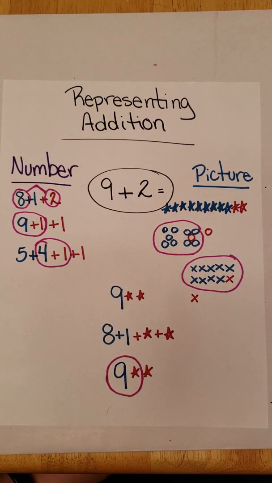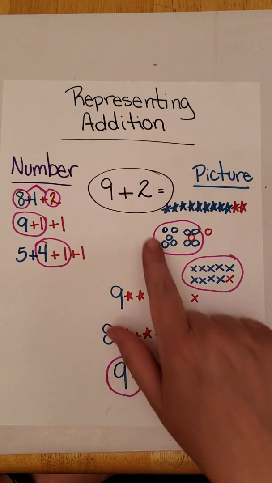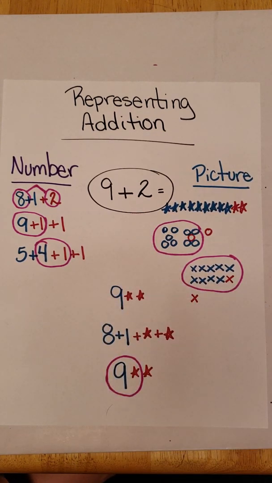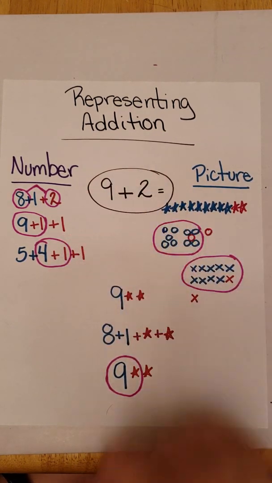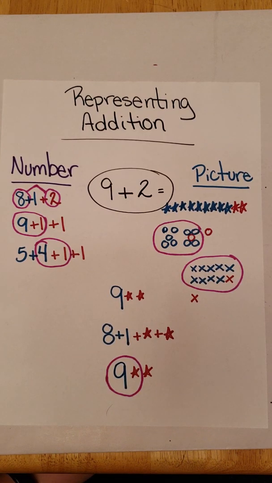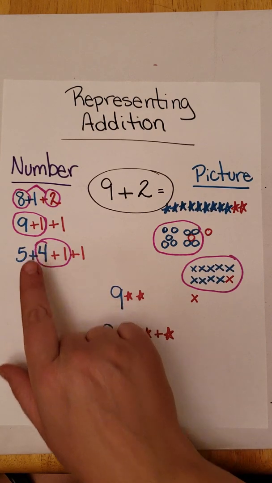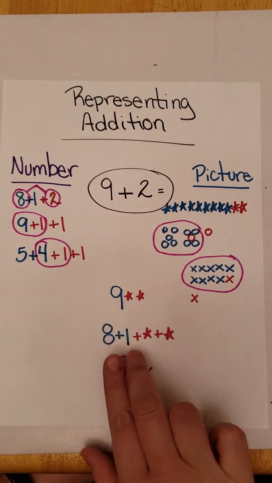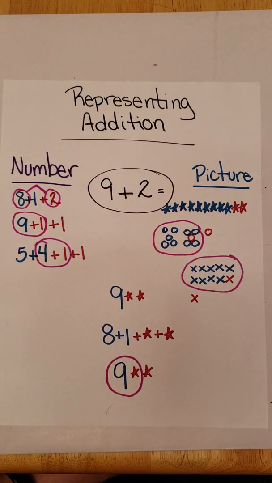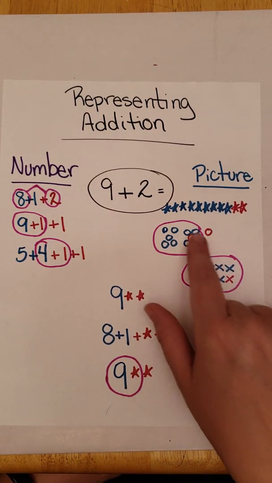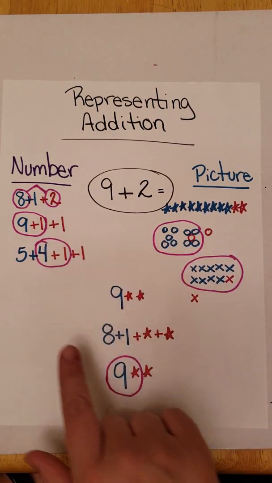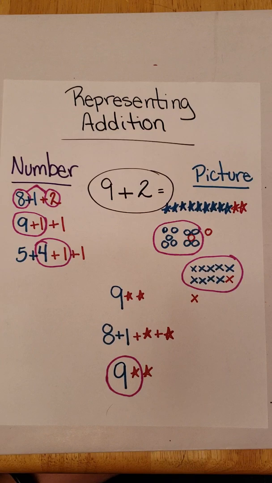Can you think of ways to represent a math problem like this, an addition problem, using picture models or number models or even both put together? And then can you see if there's any way to use those models to make some easier pieces as you try to add the pieces together?